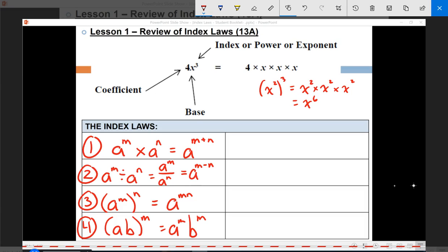Both get the power. Fifth index law. If I have b over a and I raise that to the power of m, I also have to distribute the power. So that becomes b to the m over a to the m.